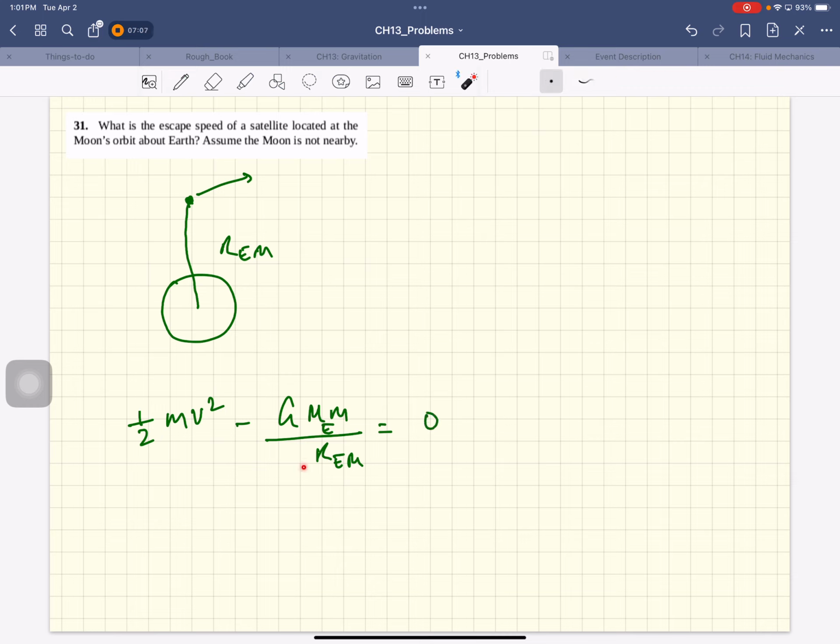Because once you go to infinity, you need to come to rest. So your total energy should be 0. Okay? So that's what it works out to. And this is how they derive the escape velocity formula. So this is the escape velocity.